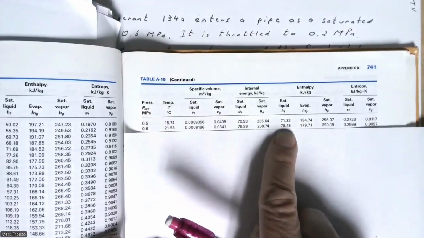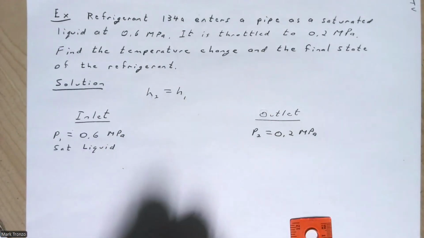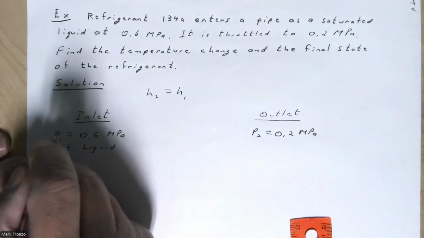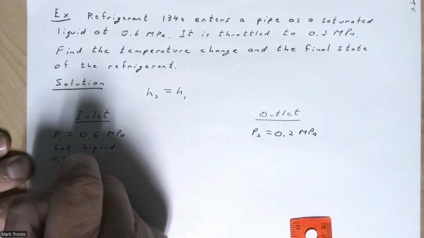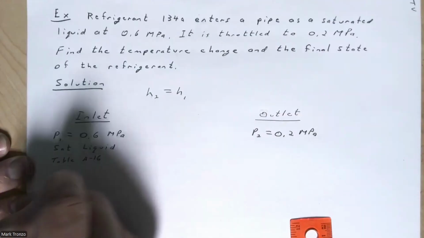Our enthalpy is going to be Hf, which is 79.48. Again, in my book, table A16.